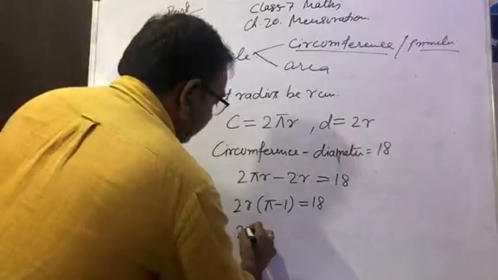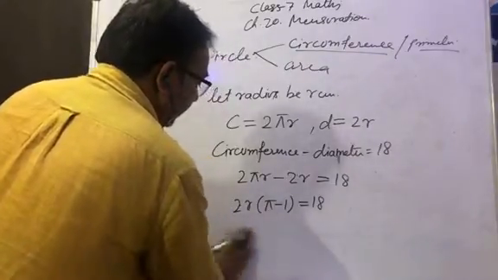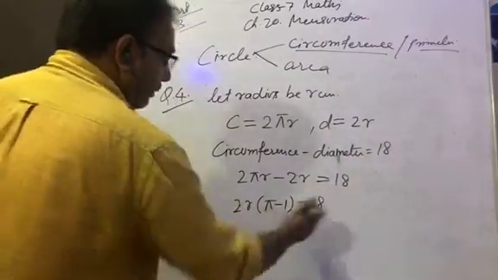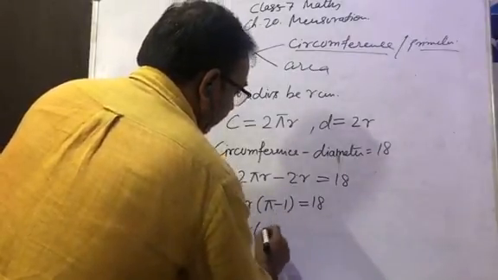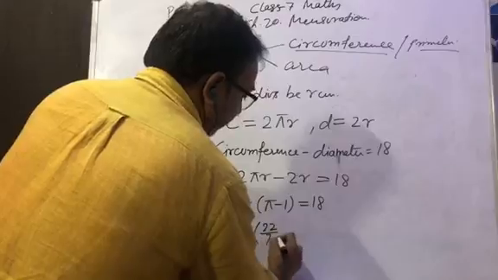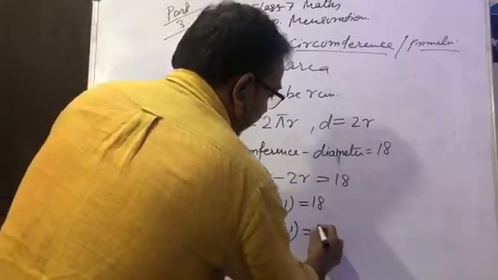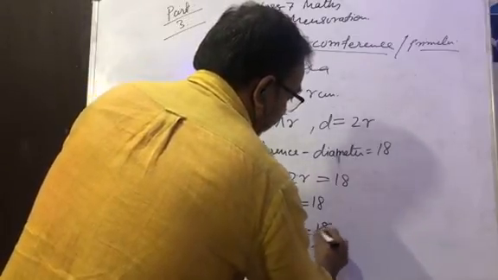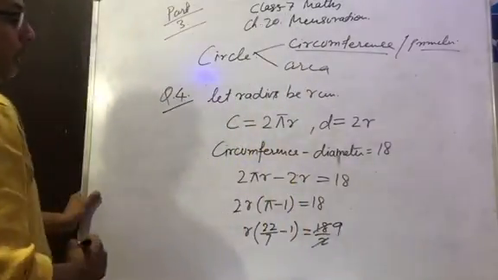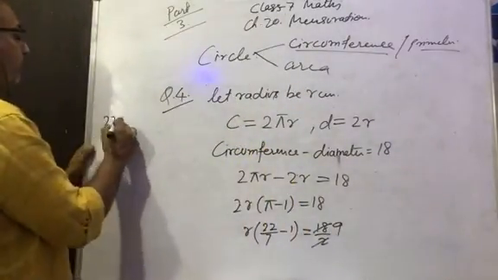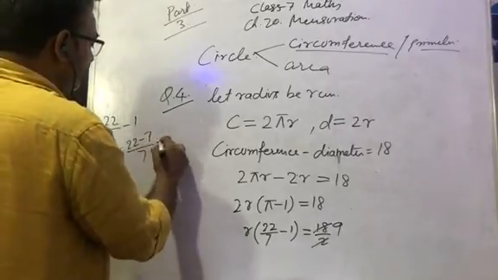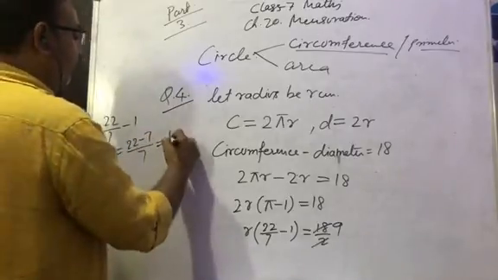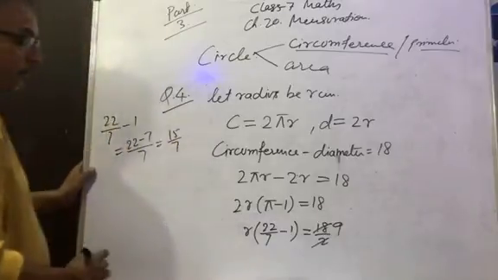If you want to transfer 2 from here, no problem. And you can write down the value 22 upon 7 minus 1 here, and you can do this like 9. Now 22 upon 7 minus 1 is equal to 22 minus 7 upon 7, which is equal to 15 upon 7.